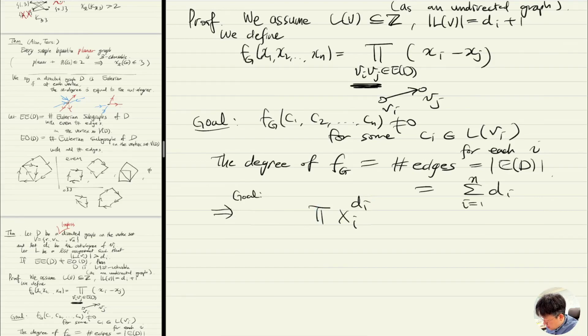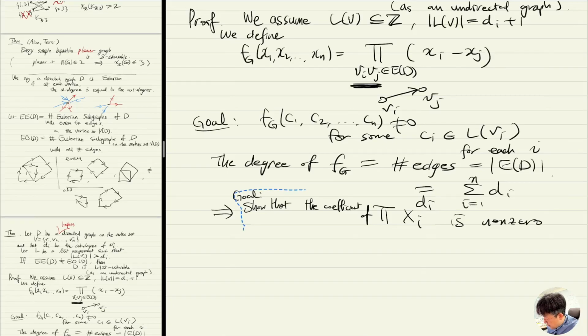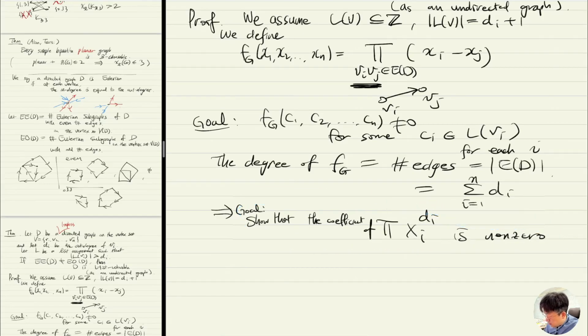The goal is to show that the coefficient of this is non-zero. All right. That's the goal. If that's the case, then we have an assignment like this by the combinatorial Nullstellensatz.